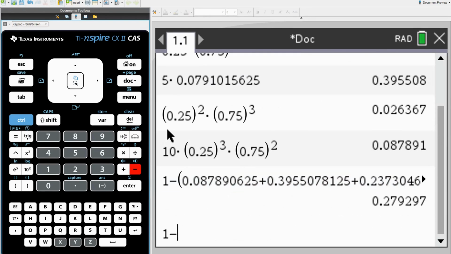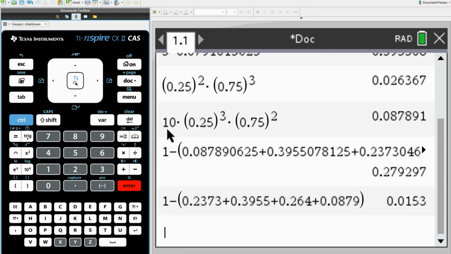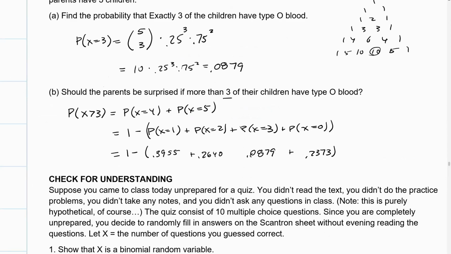One minus the sum of those. I'll do them in order: 0.2373 plus 0.3955 plus 0.2640 plus 0.0879. And that probability ends up being about 1.5%.